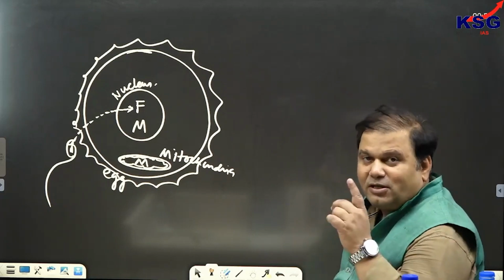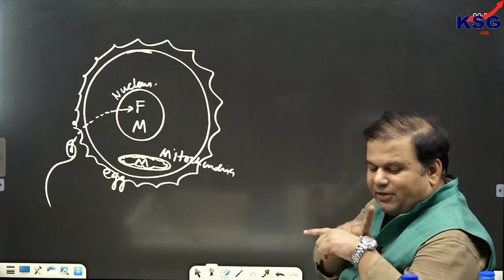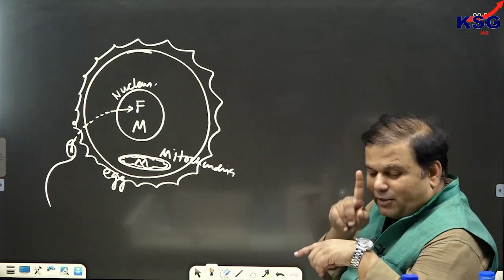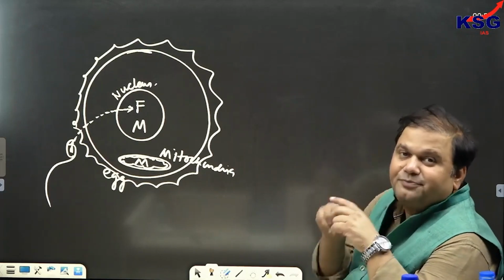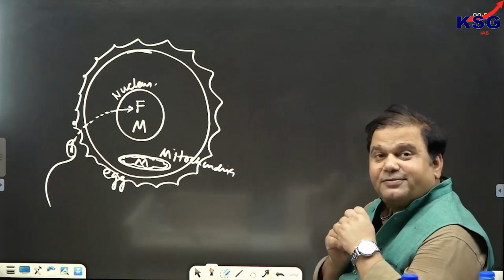So the conclusion is that the mitochondrial DNA in the cells of our body belongs to our mother. It does not belong to our father.